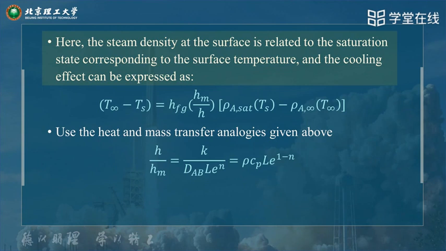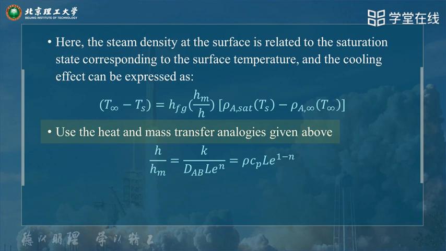So for the surface temperature, we should understand it as the temperature at the surface. The cooling effect can be expressed as the temperature difference T infinity minus Ts equals h_fg times hm over h times the density difference.